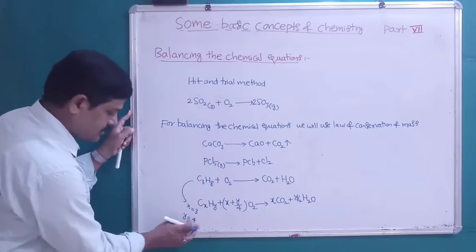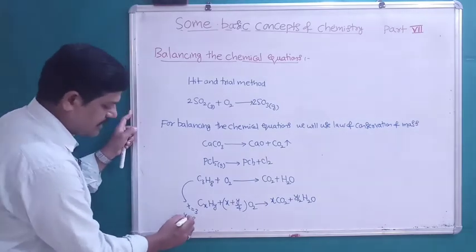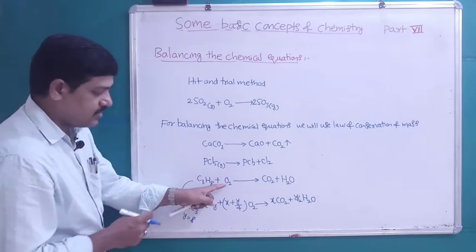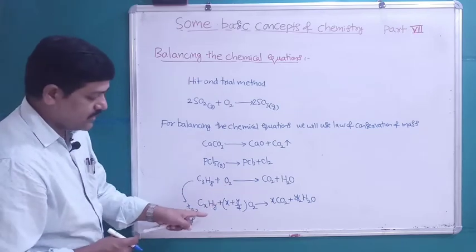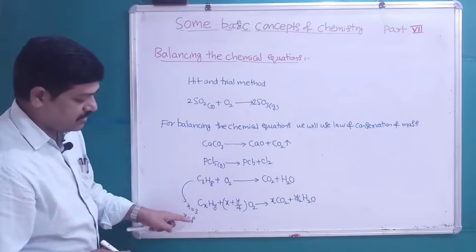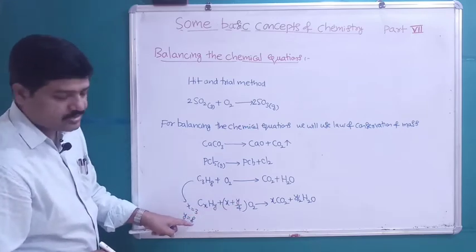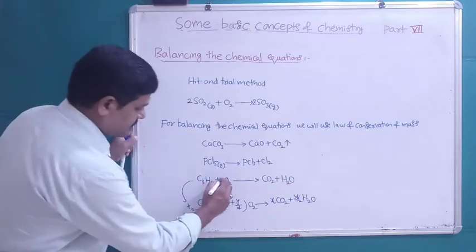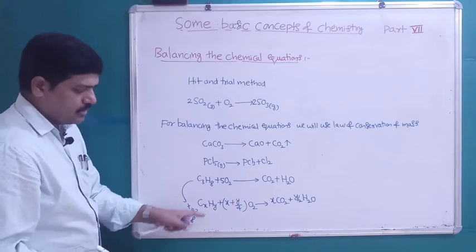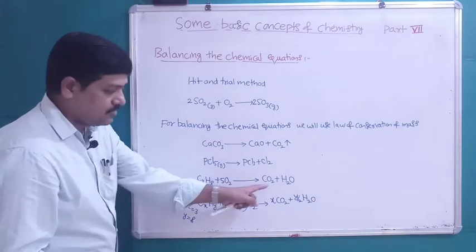In the case of propane, C3H8, x value is 3, y value is 8, right? Then here, what is the coefficient of O2? O2 is x plus y by 4. x is 3, y by 4, 8 by 4 is 2. So 3 plus 2 is 5, right? And the coefficient of CO2 is x.